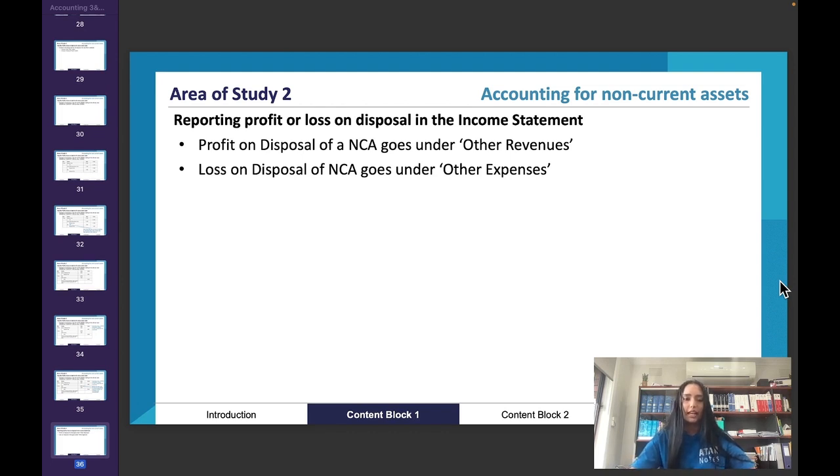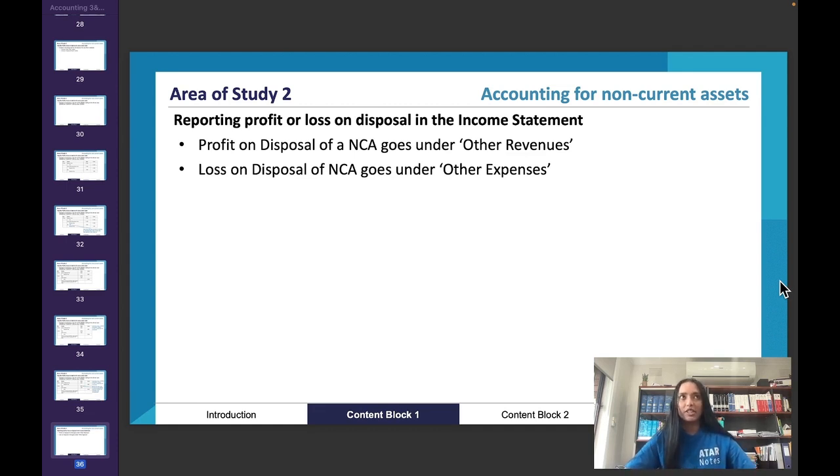So you just have to say the only revenues that are directly related to inventory, so revenue that either gets inventory into a saleable state, or that is related to the sale of the inventory, such as cash sales, credit sales, sales returns, or it's revenue that is related to inventory but isn't directly related to sales, such as an inventory gain.